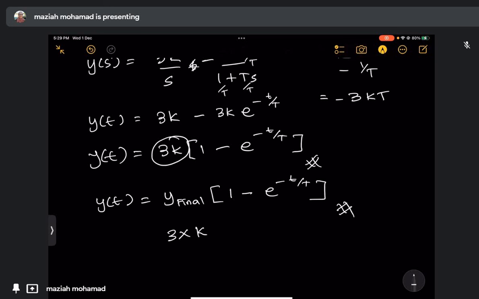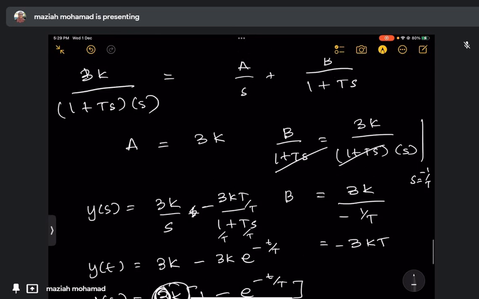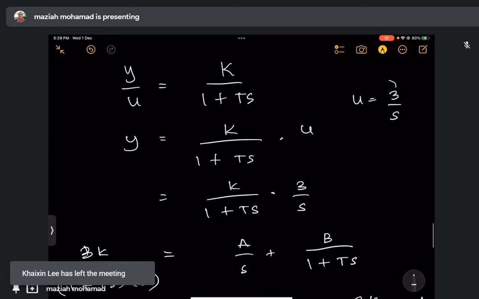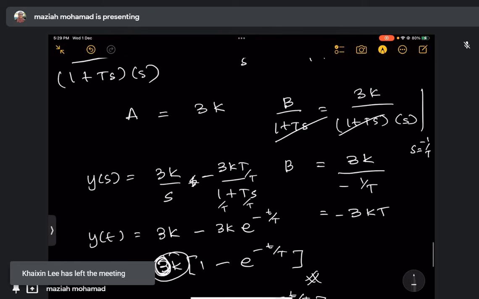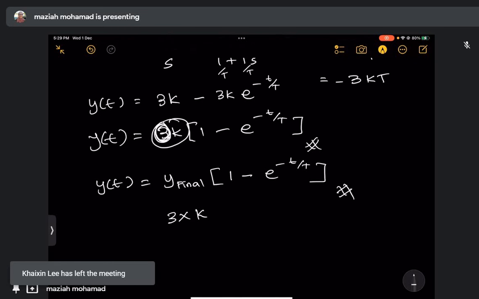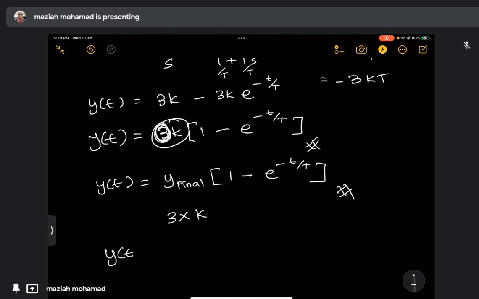Boleh? Alright. Yes, Muhammad Ali. So kita boleh ganti dengan KU lah kan, Doktor? KU lah. Sebab 3 ni adalah sebenarnya U lah. Tapi sebab tadi kita dah replace kan, U ni adalah 3 per S. Okey, Doktor. Ataupun you boleh buat general equation y(t) equal to KU times 1 minus exponent negative t per T.